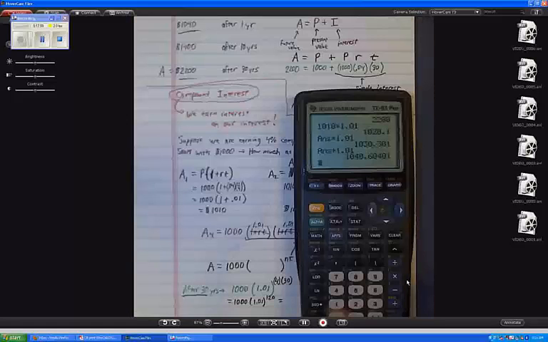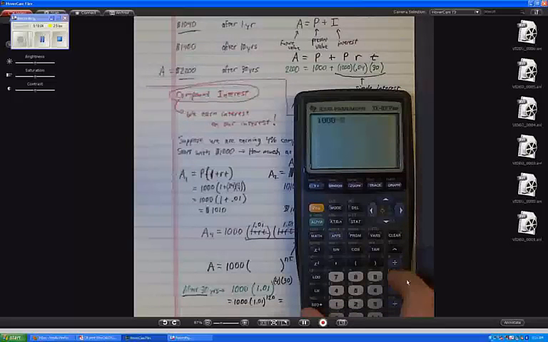Let's see how much the bank actually gives me. So let's see. Clear this out. 1,000 times 1.01 caret 30. Is it more than 2,200? Oh yeah, I did it wrong. Not 30 raised to 120. Sorry about that.